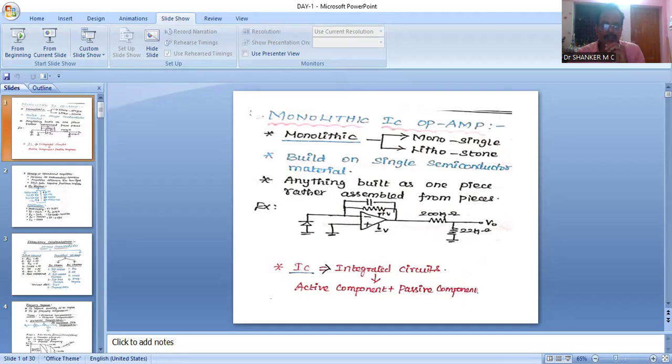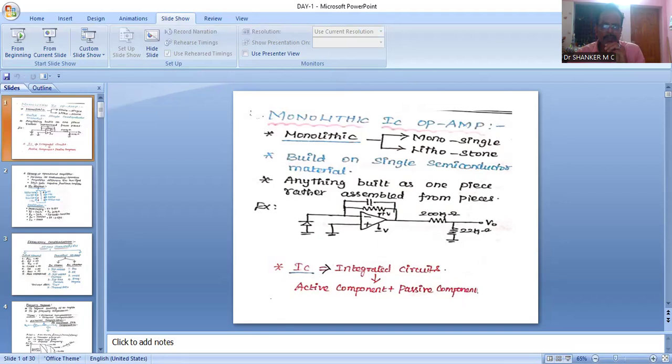The main reason for taking the operational amplifier apart from an ordinary amplifier, that is, a BJT amplifier or FET, field effect transistor amplifier, is that it provides high gain and also negative feedback functioning. Then we can modify the output as well as input as per our requirement.